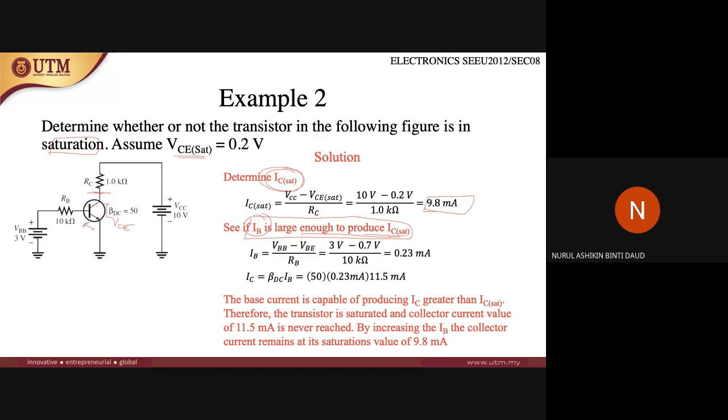Please always remember that there is always a potential drop here, 0.7. So VBB minus 0.7, divided by the value of the resistor here. You will get the base current of 0.23 milliamps.